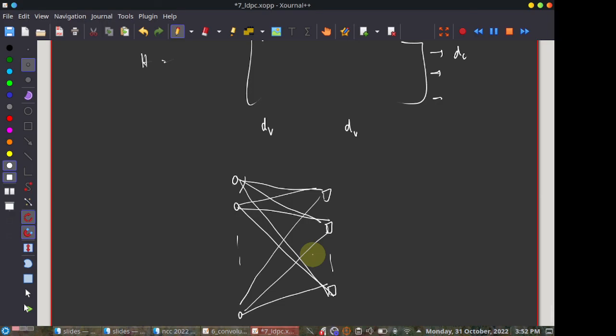Okay, so maybe taking one step back before that. Suppose I give you n variable nodes and m check nodes. Can DV and DC be chosen arbitrarily, or is there some requirement? DC is the degree of each check node, right?